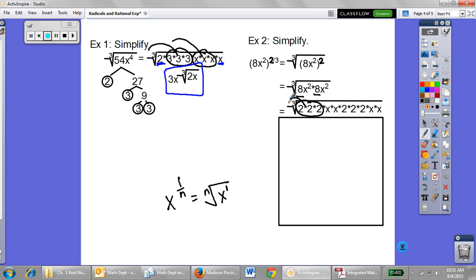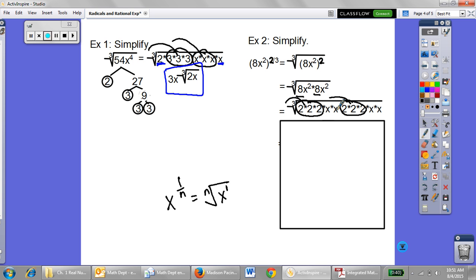So I can circle that group of 3. Circle this group of 3. And now I'm looking for 3 x's to circle. So I have, breaking it up here, 2 x's here, and then this x right here. So that came out. The only thing that's left underneath the cube root line is this little x.